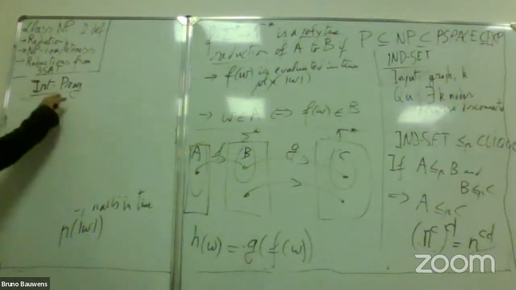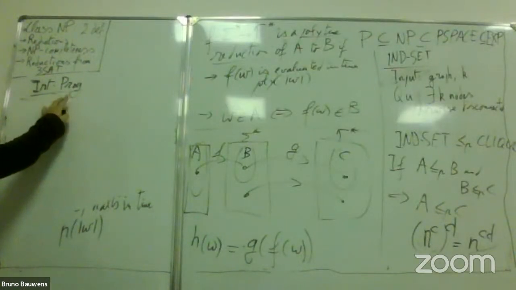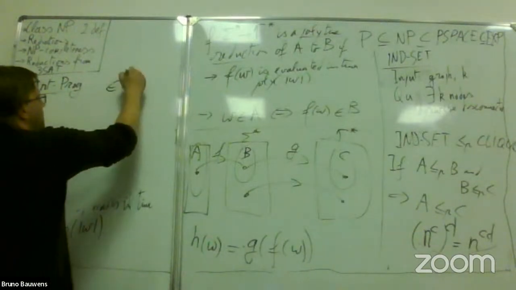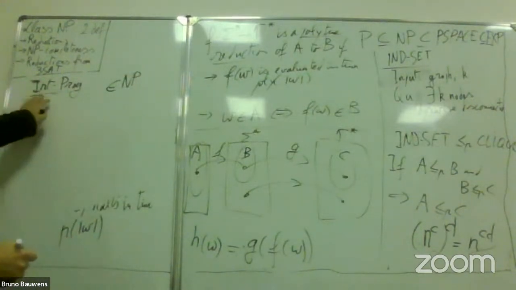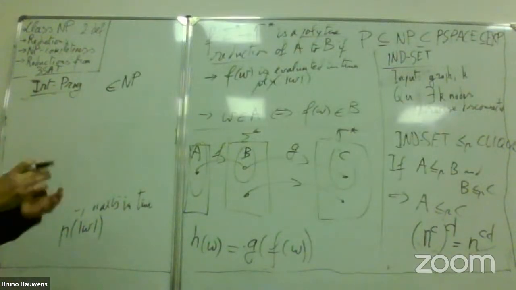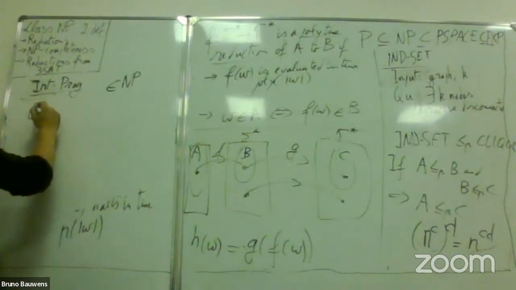By the way, I don't know why it is in NP. Integer programming is in NP because it can be proven that solutions always exist. Let us remind you what the input is.